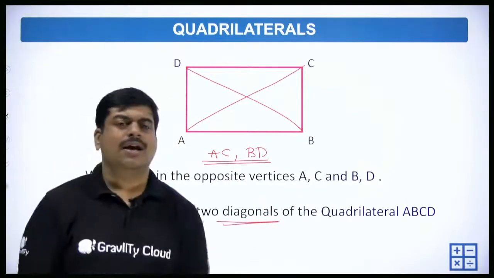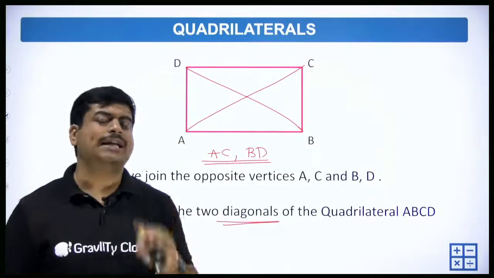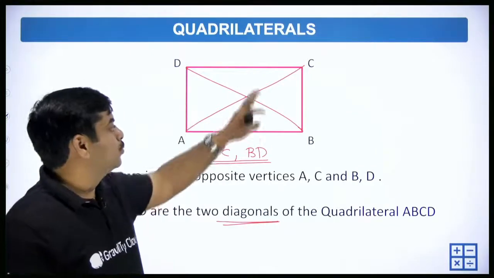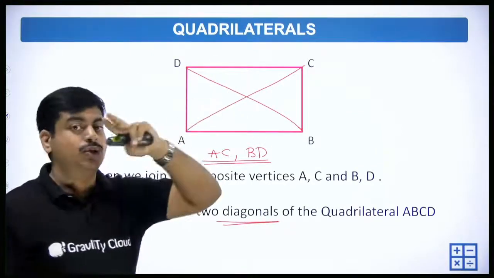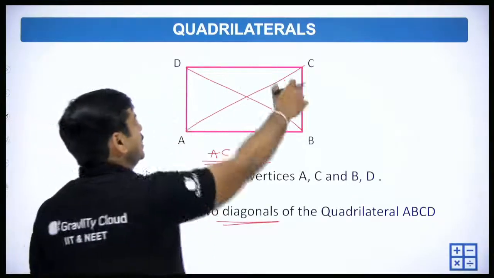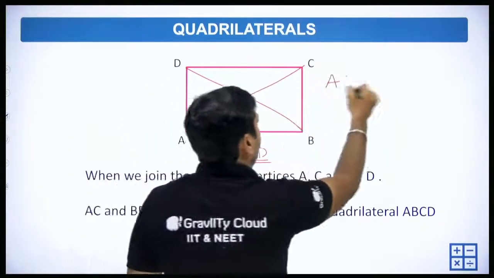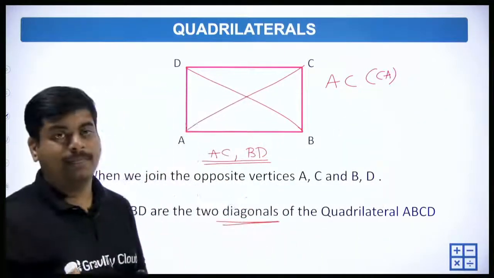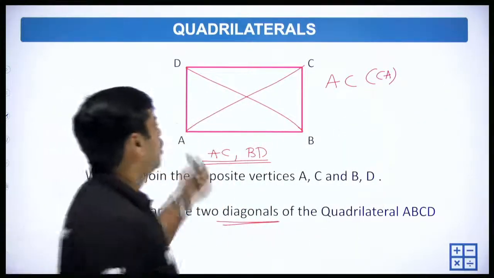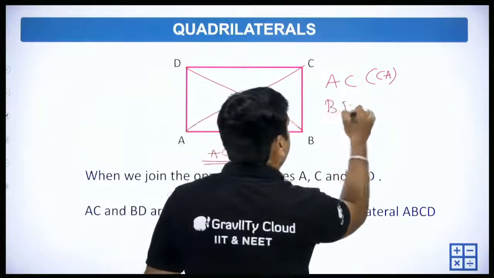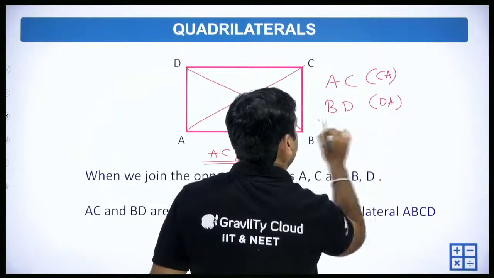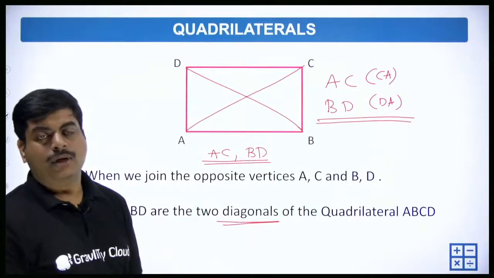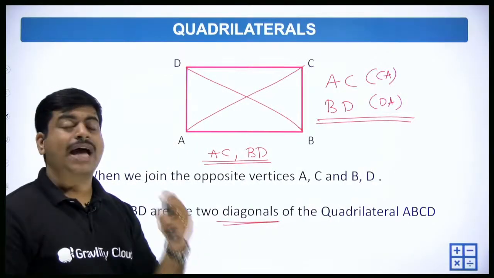Now the question is, for a quadrilateral, how many diagonals are possible? 1, 2, 3, 4? No, only 2. Which 2? AC and BD. AC or CA, both are the same, no need to write them as two different diagonals. They are line segments. Likewise BD or DB is again the same line segment. So in total we have 2 diagonals.